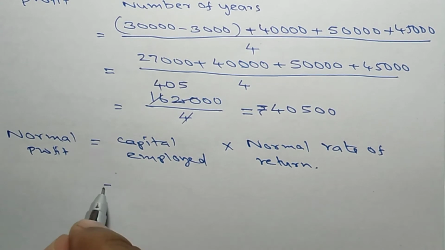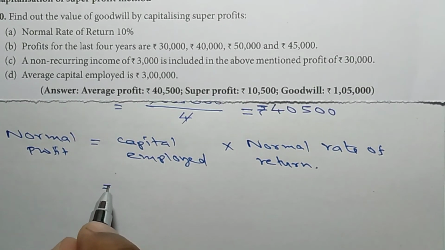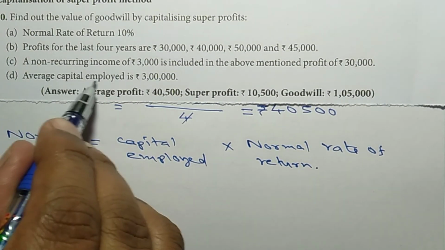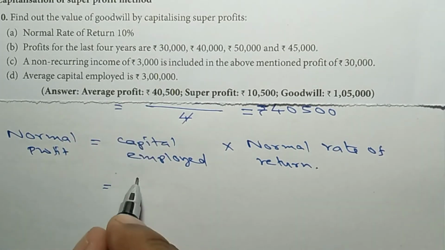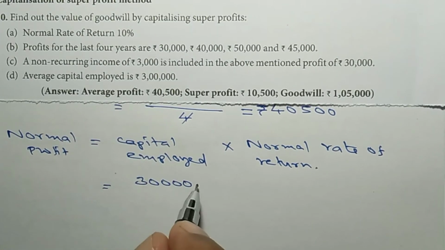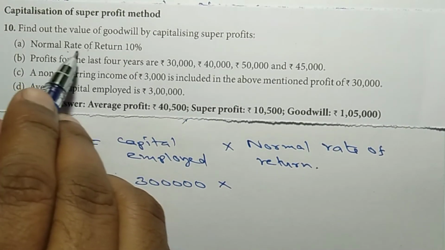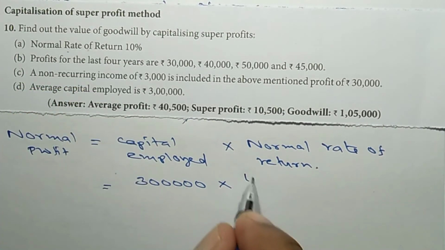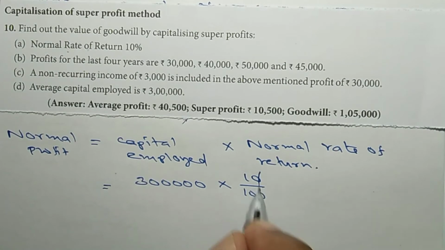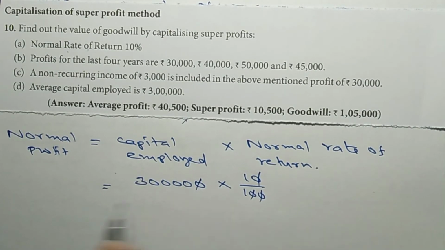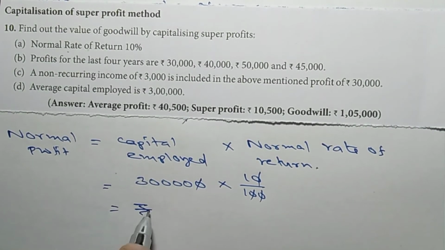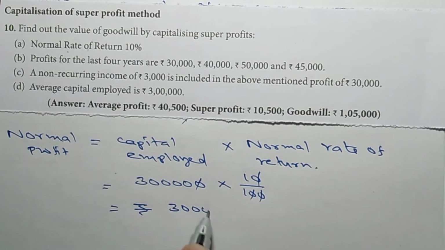Capital employed is given in the question: average capital employed is 3 lakhs, into rate of return, which is also given. Normal rate of return is 10%. So 10 by 100, the 10s cancel, this 0 and this 0 cancel. So normal profit is rupees 30,000.